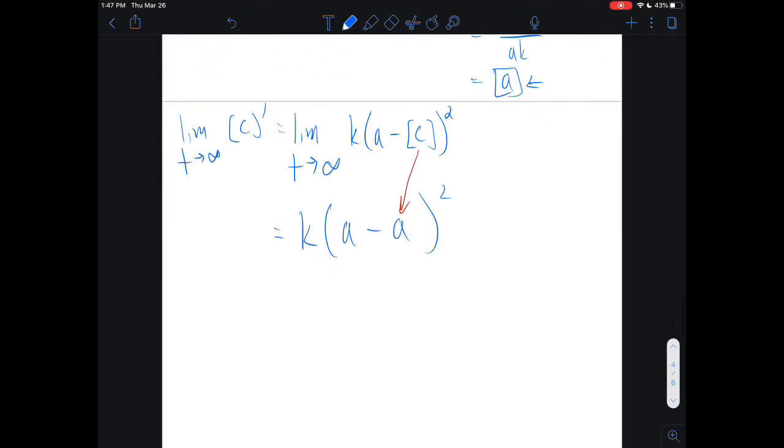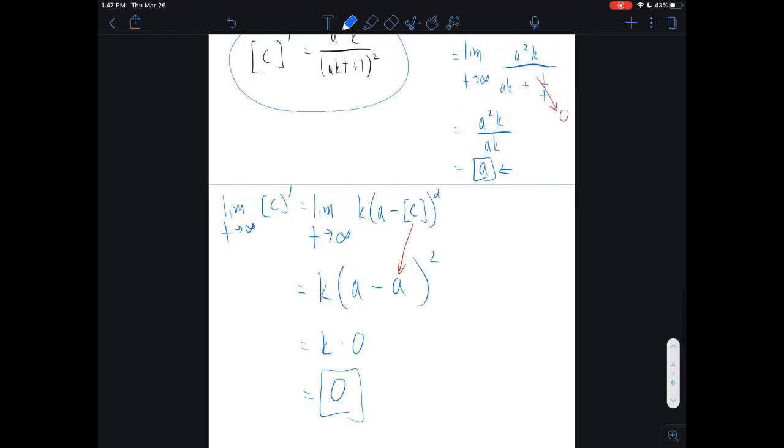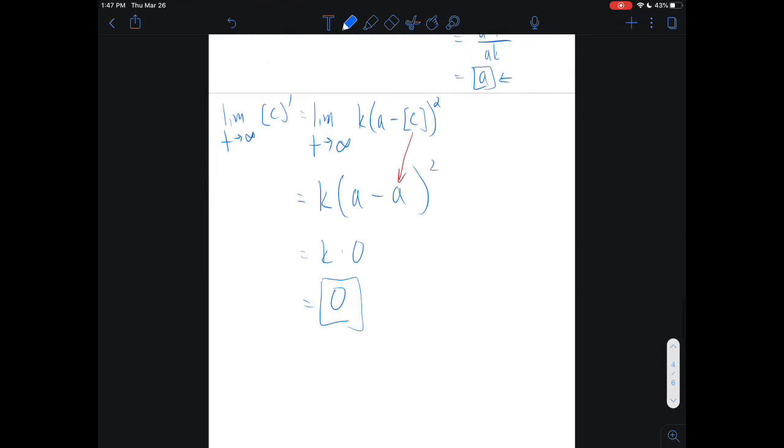So then this just becomes K times 0, which is 0. Which now when we put all this together, if the concentration is approaching A, that means that the rate of reaction is starting to approach 0.